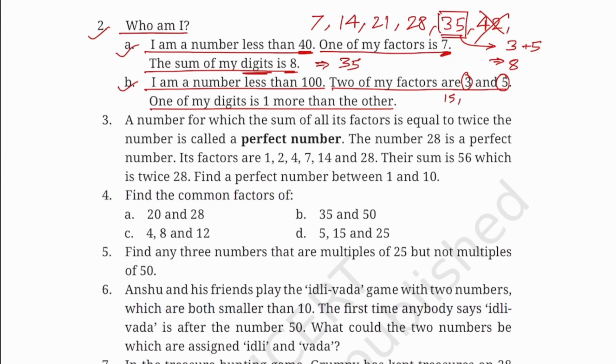That is 15, 30, 45, 60, 75, 90. It is said that the number is less than 100 and one of its digits is one more than the other. So the answer is 45.